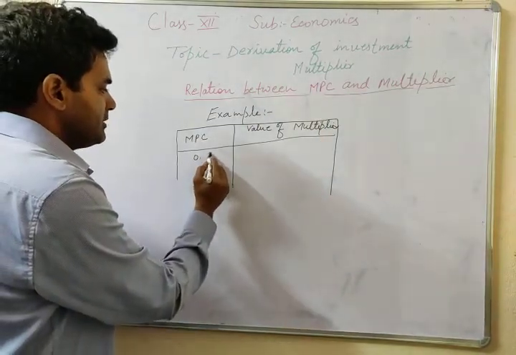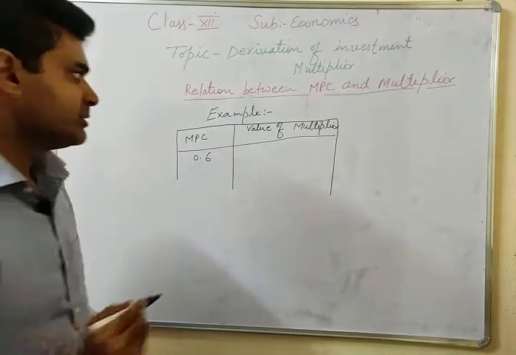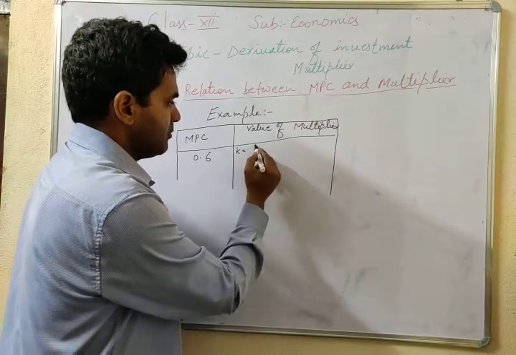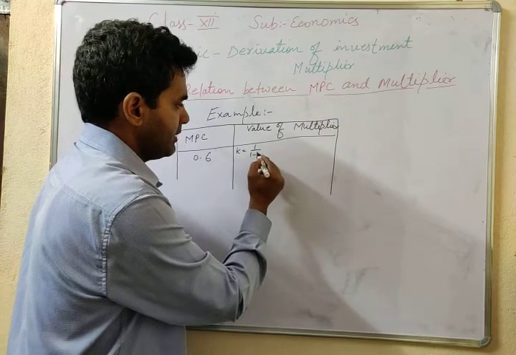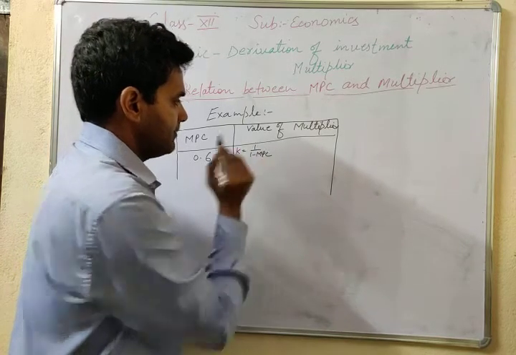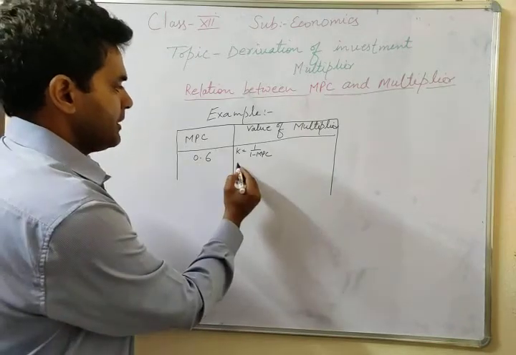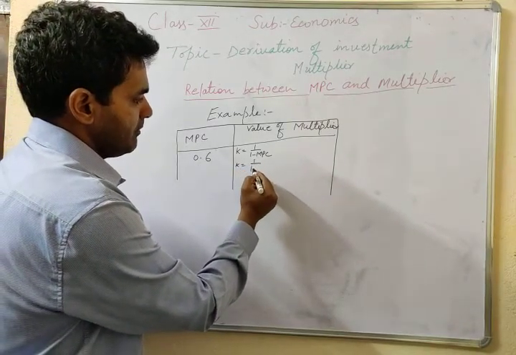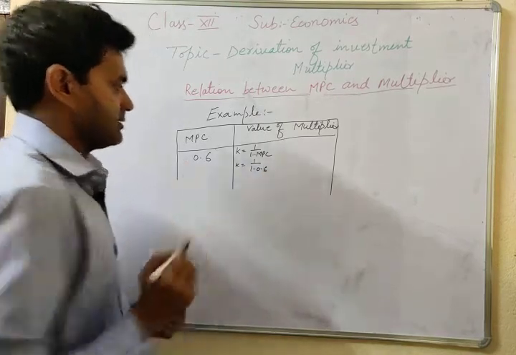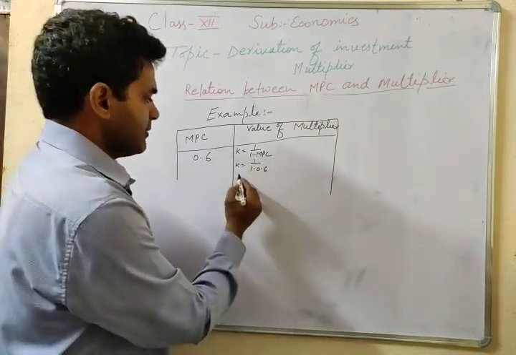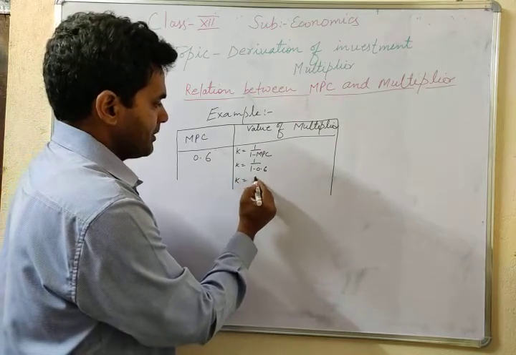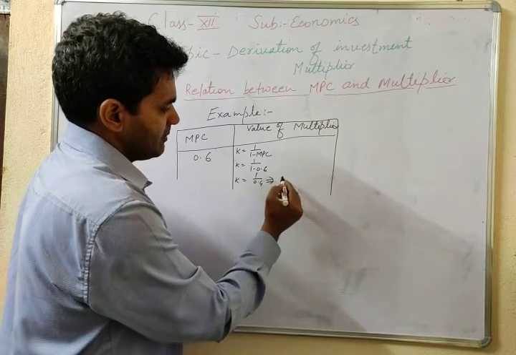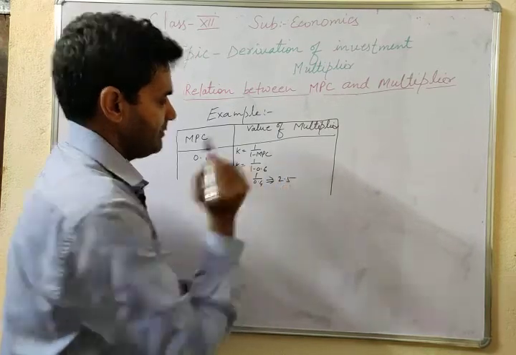Suppose the MPC is 0.6. So what will be the value of multiplier? K is equal to 1 upon 1 minus MPC. What it becomes? K is equal to 1 upon 1 minus 0.6, which is equal to 1 upon 0.4, which further is equal to 2.5.